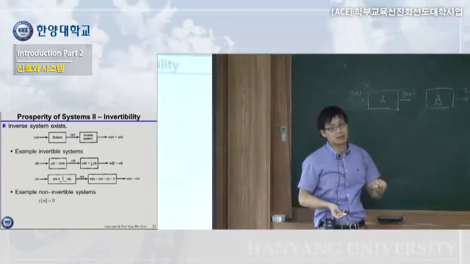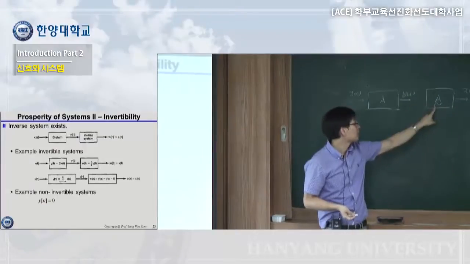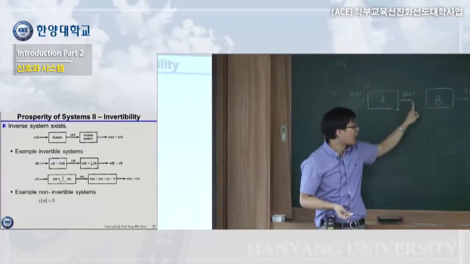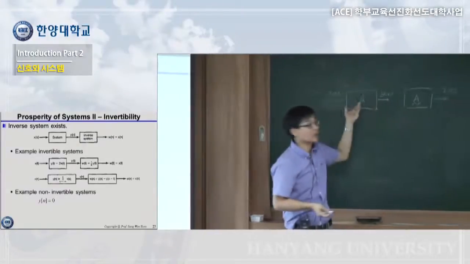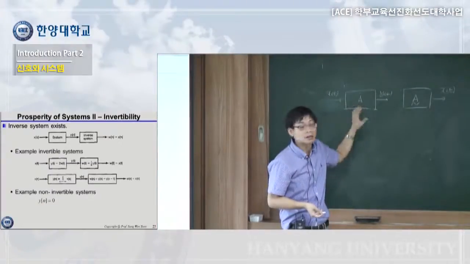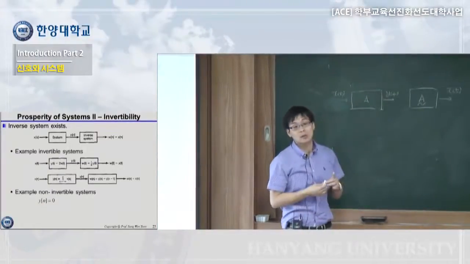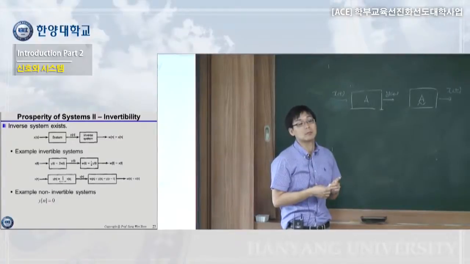If you can find another system that input is Y, output is X, which is exactly the inverse, then this system is called an invertible system.